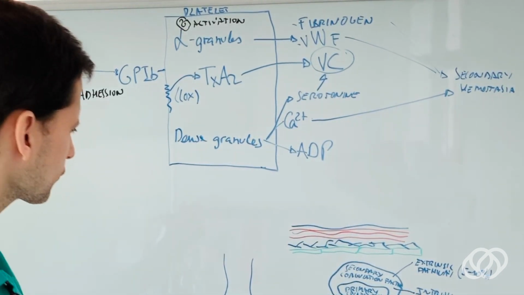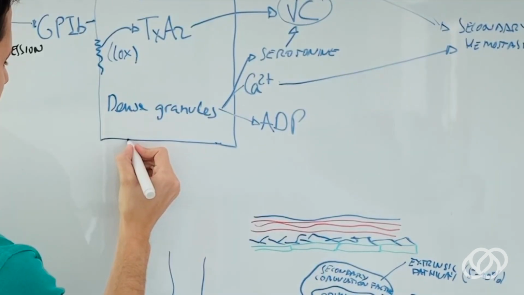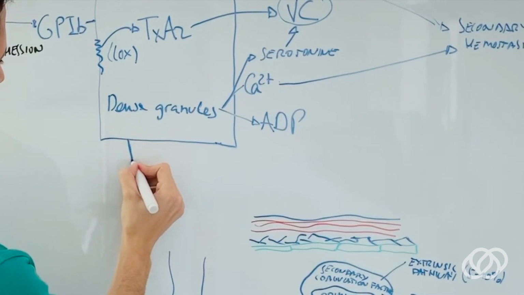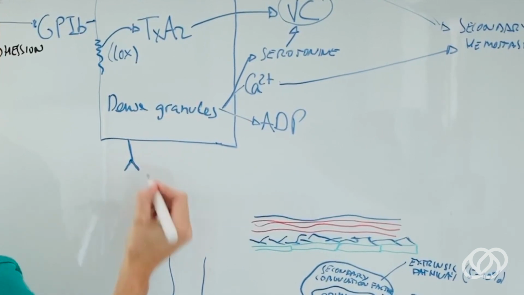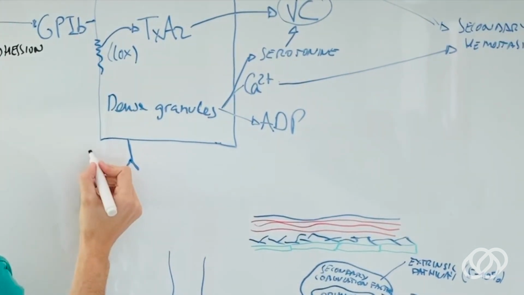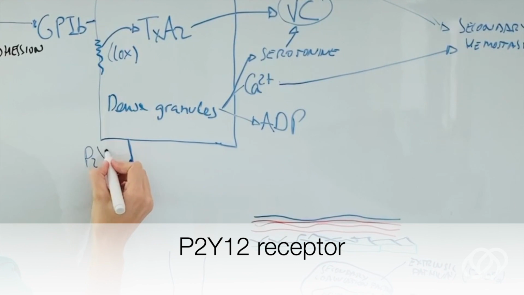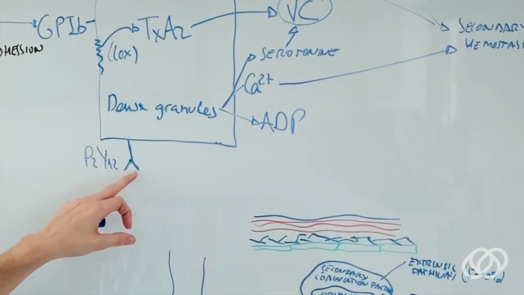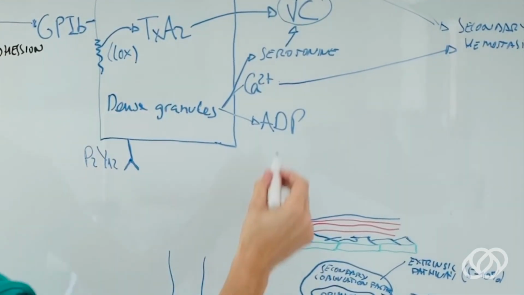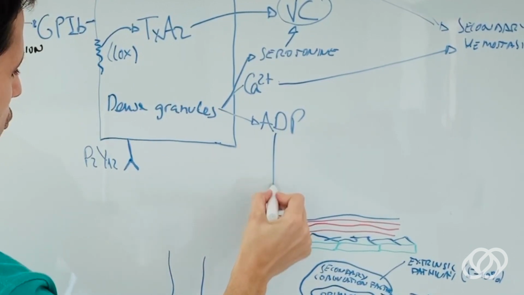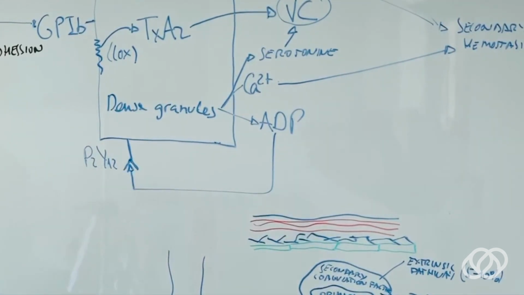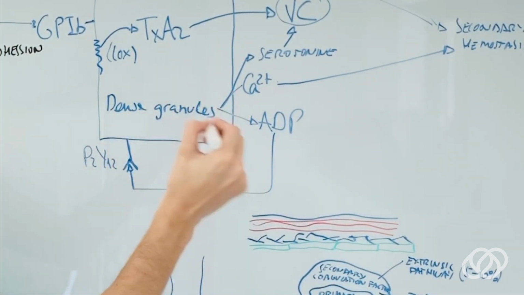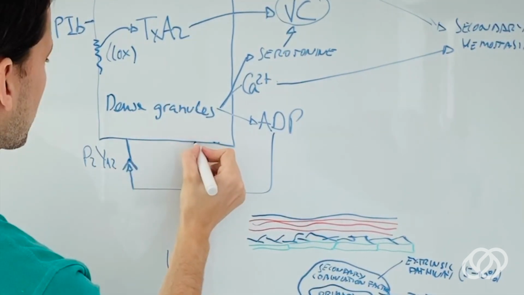We have seen that another substance was ADP, and ADP is very important. Why? Because in the platelets, we have some receptors called P2Y12. When the ADP joins this P2Y12 here, it activates another receptor of the platelets that we have here.